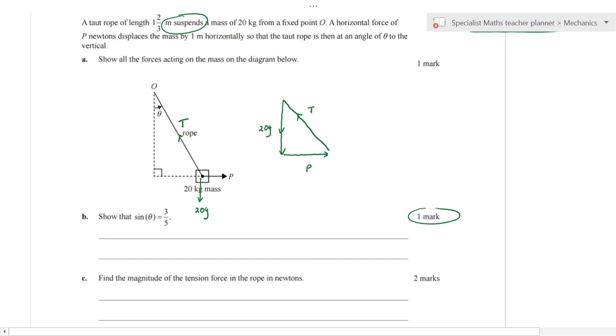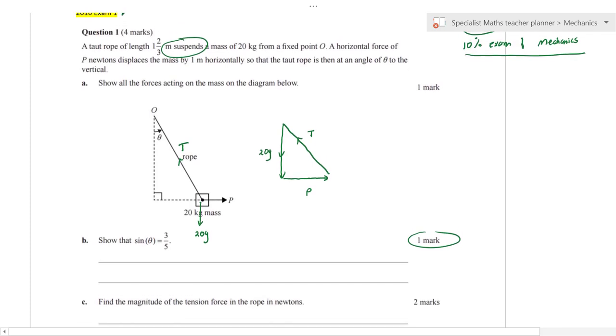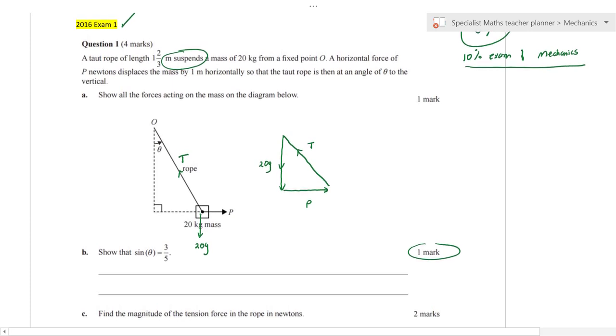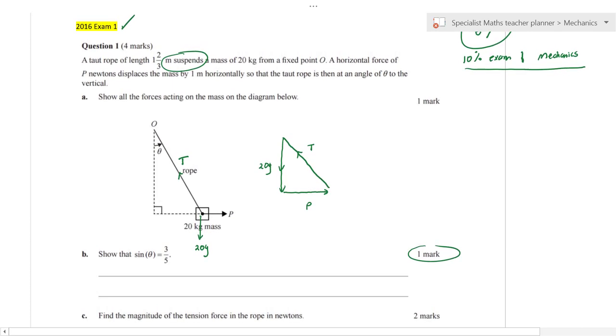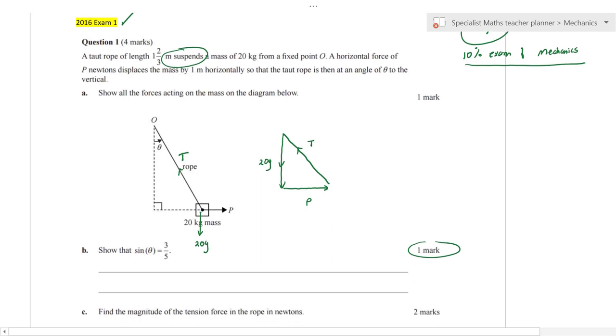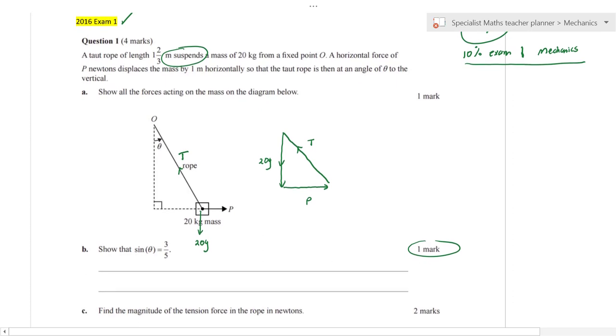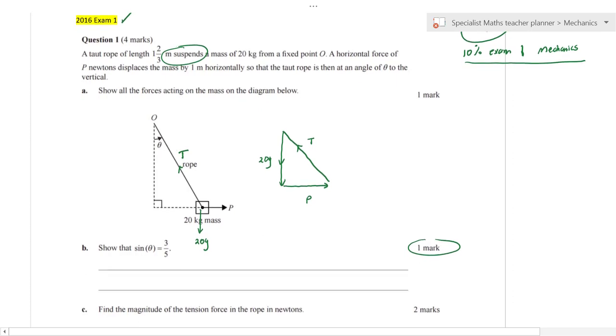Now, do we know anything else? It says here the rope is 1 2/3 metres, and it suspends a mass. Theta.